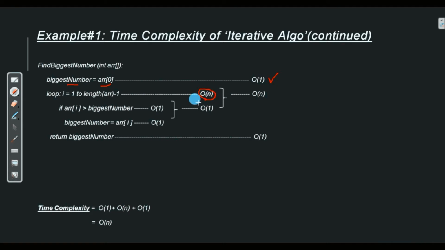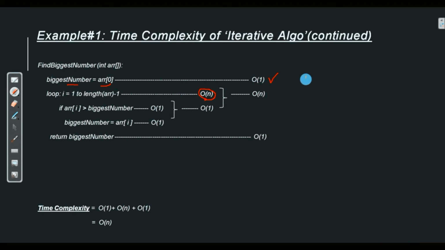Now you might be wondering that it should be order n minus 1 because we are starting from 1 and not from 0. That is a valid question, but when we are dealing with numbers like n, we always avoid the constant numbers. 1 in this case is a constant number, so we are avoiding it.